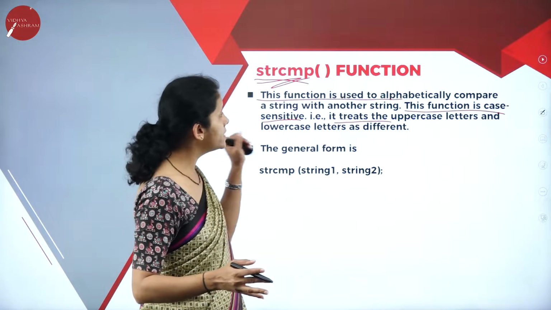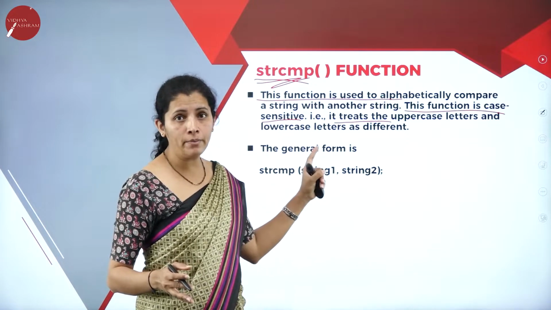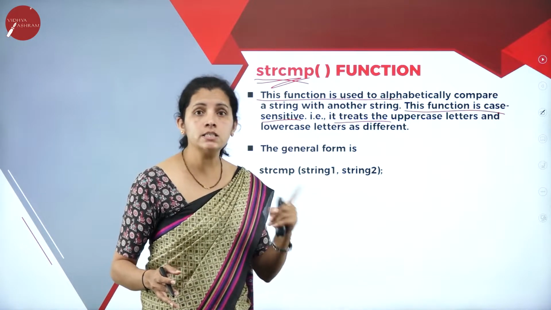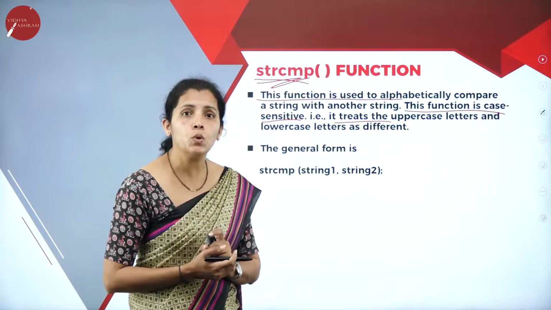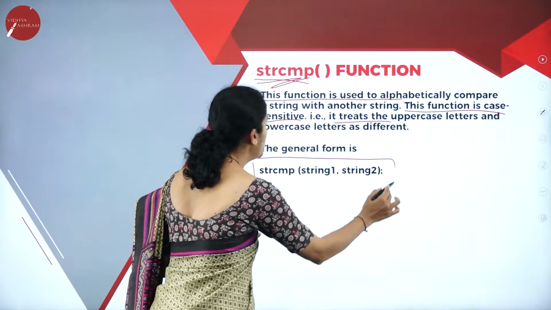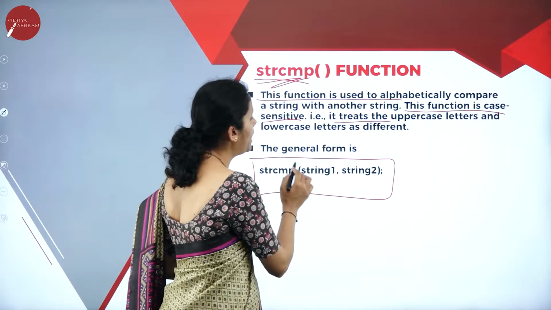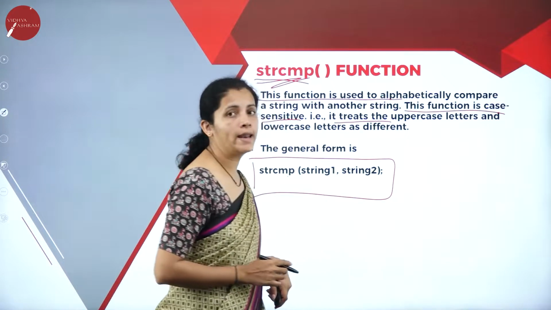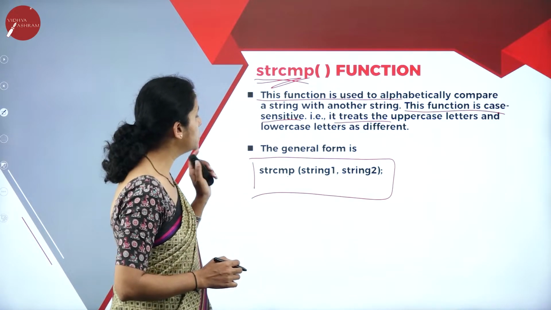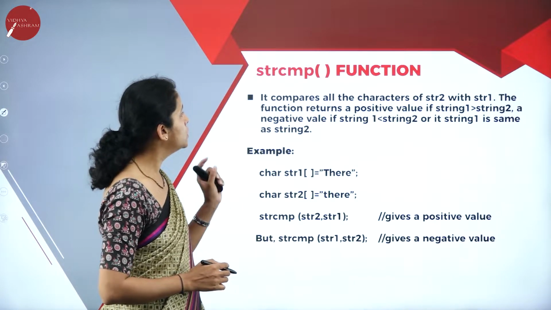So strcmp is mainly used to compare strings alphabetically, and uppercase letters as well as lowercase letters are different. The general form is strcmp, and I pass string 1 as well as string 2.